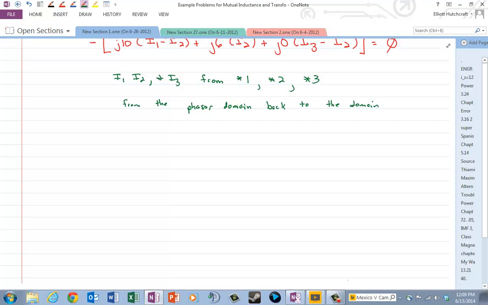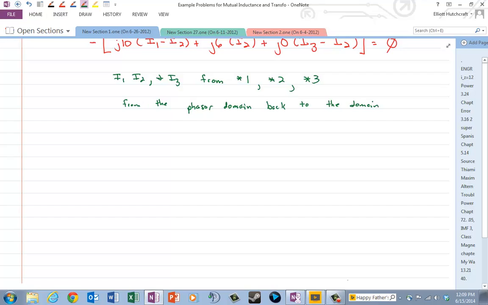So be aware that I probably will have a mutual inductance problem that is not all that difficult to do, but I very well may like a problem like this one where I want to test you with, can you get the currents, or can you get the equations that you need to solve, sort of like I've had with the supernode and supermesh circuits. Can you get the specific equations that you need to solve the problem, not necessarily can you solve the problem, because obviously that can be a little bit cumbersome on a test.